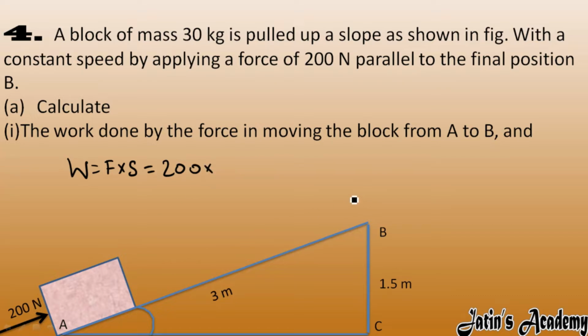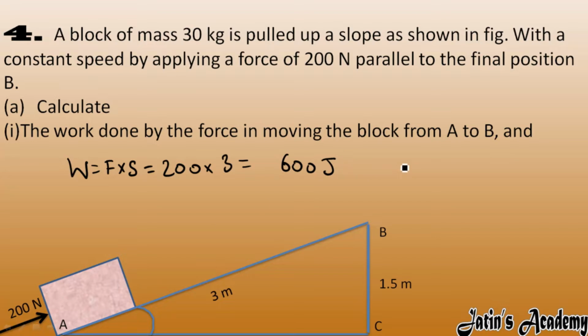This is very important. Here we have two values of displacement, but in the direction of force we have 3 meter. So in this case work done is 600 joule. This is the work done by force in moving the block from A to B.